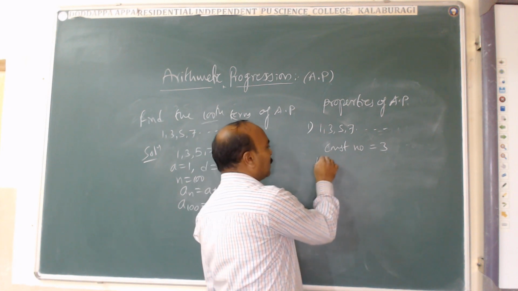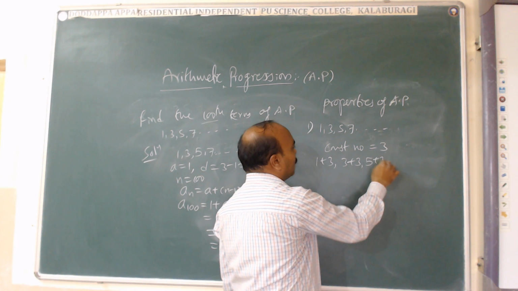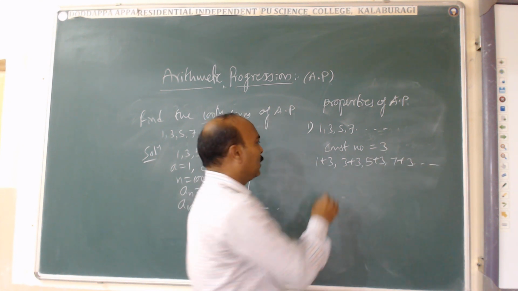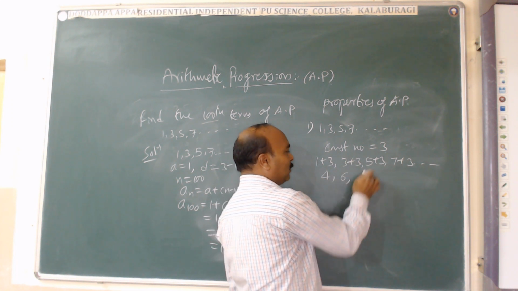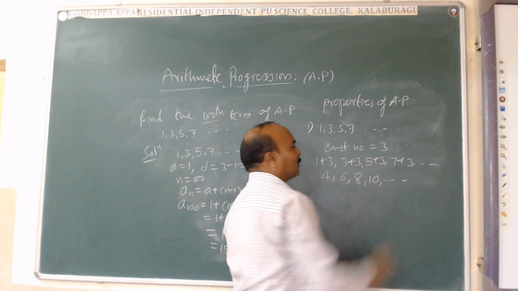What happens? You check this. 1 plus 3, 3 plus 3, 5 plus 3, 7 plus 3, and so on. Now we get 1 plus 3 is 4, 3 plus 3 is 6, 5 plus 3 is 8, 7 plus 3 is 10, and so on.